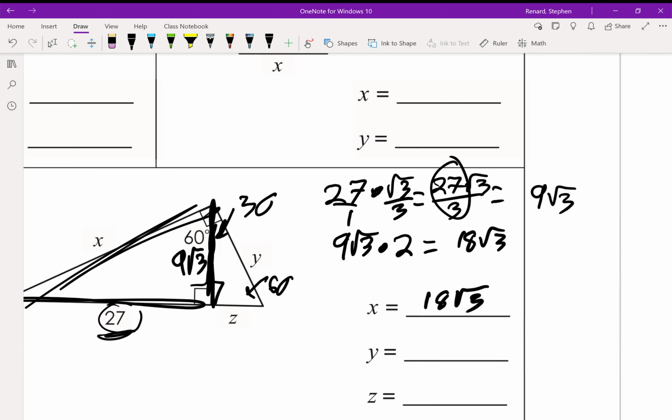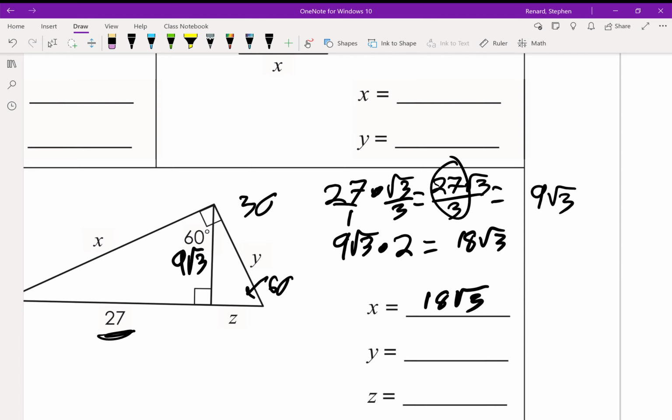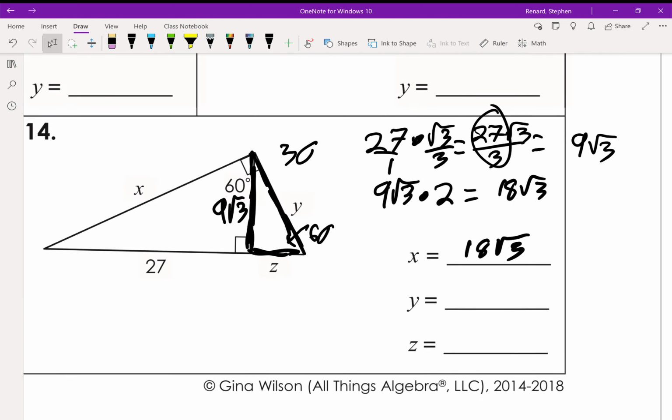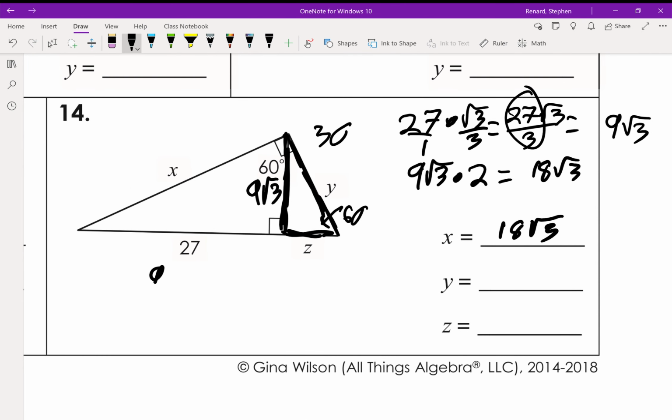Now I'm looking at this 30, 60, 90 triangle, and that 9 radical 3, again, is my long leg. We look at our chart, and it says to multiply this by the square root of 3 over 3.